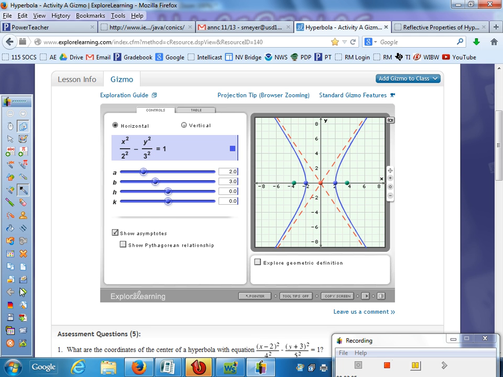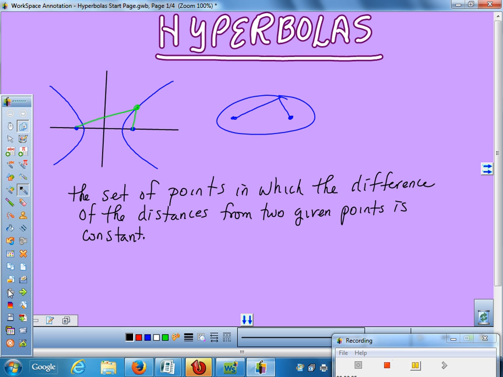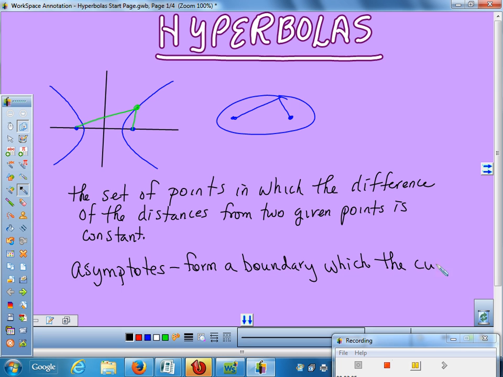Now let me switch on you. So you probably want to know, because I believe you have a journal question about the purpose of asymptotes. So they form a boundary which the curves approach as they extend to infinity.